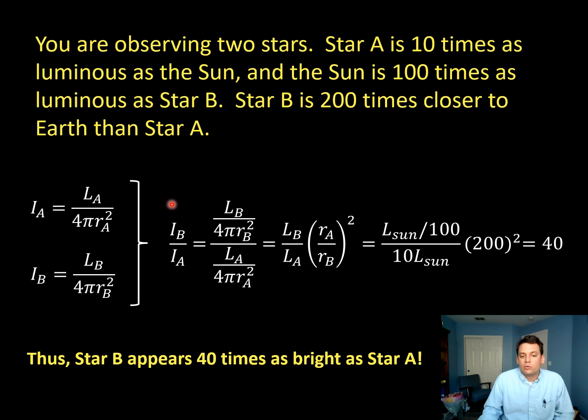And we find that the ratio of the intensities is equal to the ratio of the luminosities times the square of the inverse ratio of the distances. Okay, so that was a lot of words, but the important thing is that the ratio of these luminosities, LB over LA, is in the same order, if you will, as the ratio IB to IA. In contrast, you'll notice that RA is on top and RB is on the bottom here.